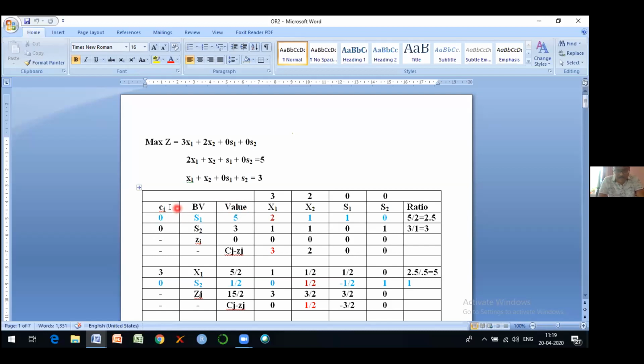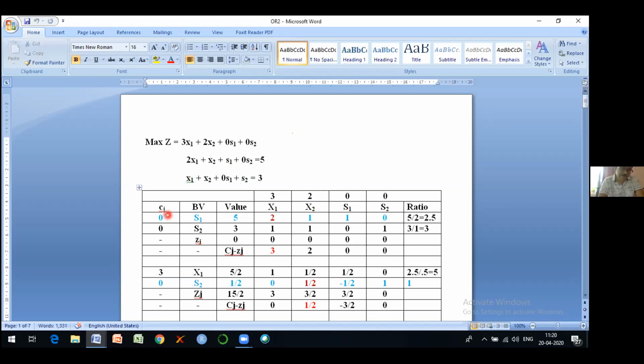So these are three things which will be constant in any simplex method problem: Cj, basic variable, and value of the basic variable. And another thing, ratio, will also be constant, but the rest will vary. It depends upon the nature of the linear programming problem, right?